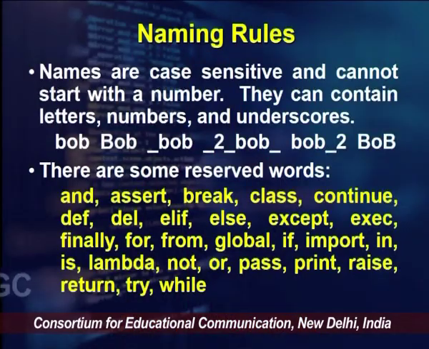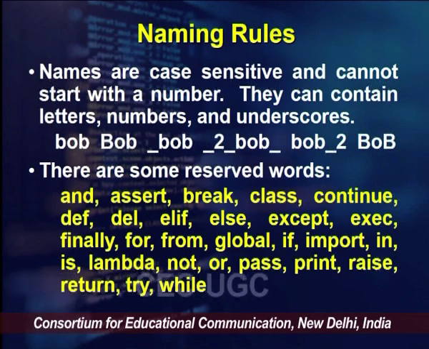If you look at naming rules, like I said, we can use a variable name like x. There are certain rules and conventions which are followed whenever we are creating a name or declaring a variable. First, Python is case sensitive, so the names are also case sensitive.